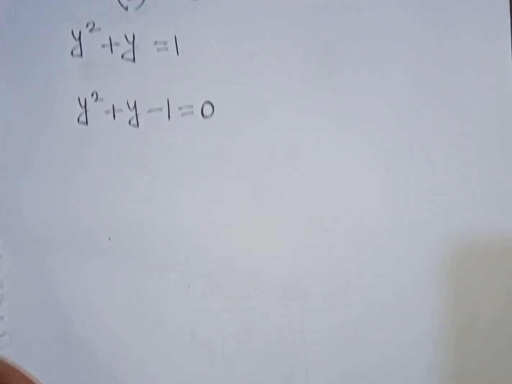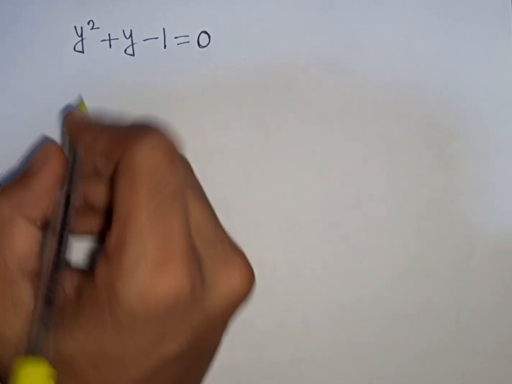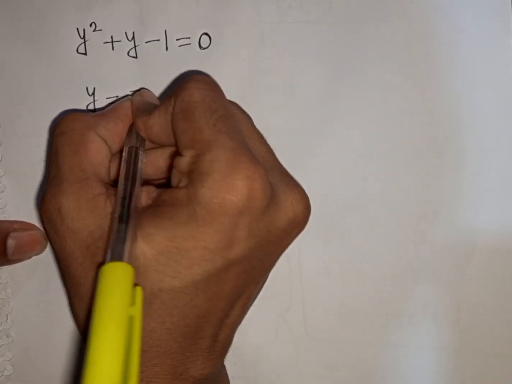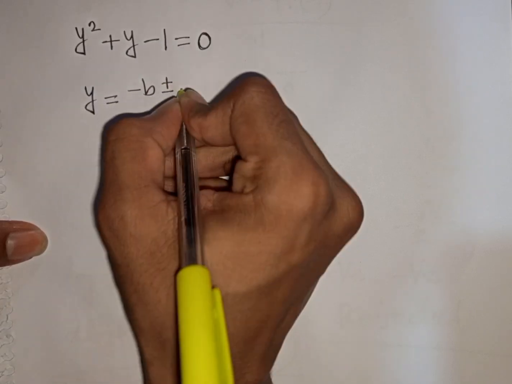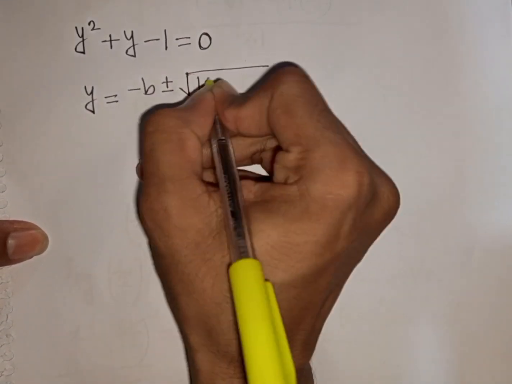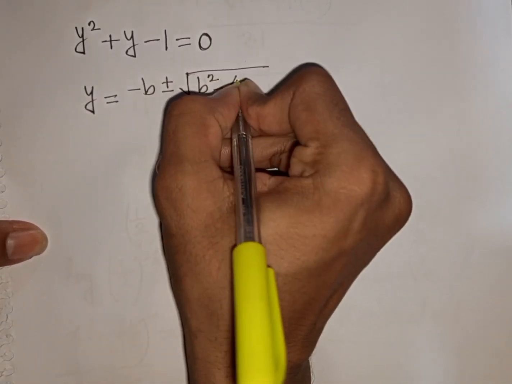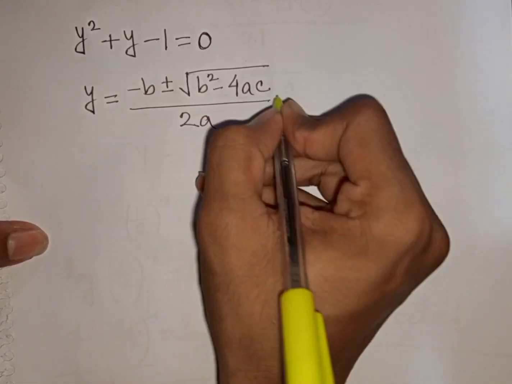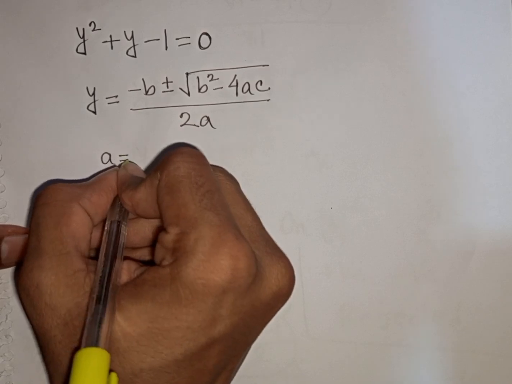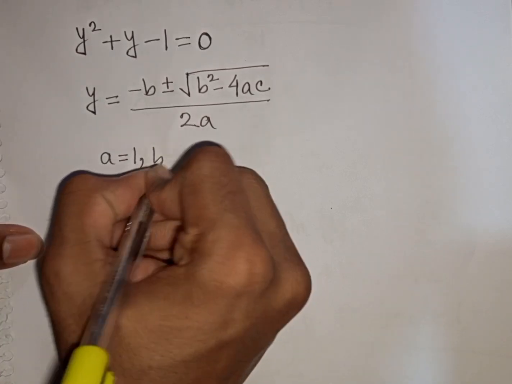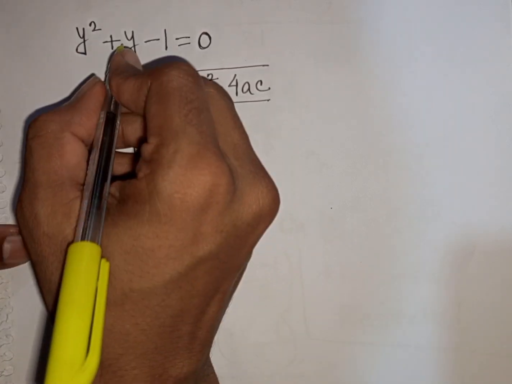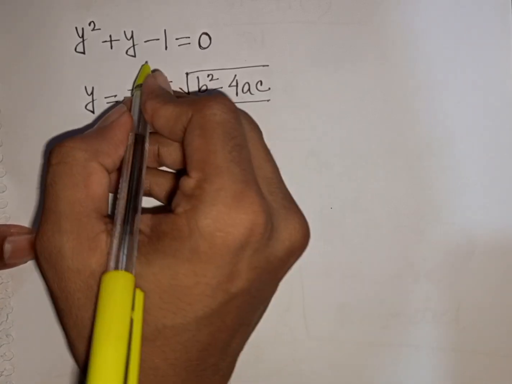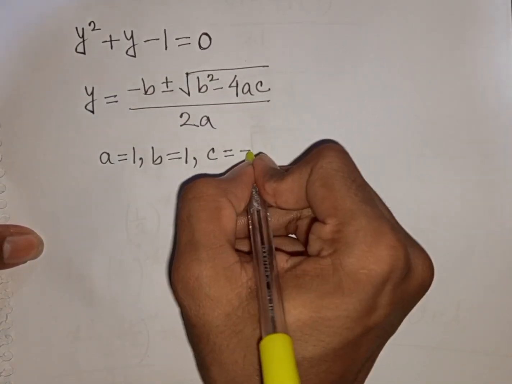Now here you can apply the quadratic formula, so you can write y is equal to minus b plus or minus square root of b square minus 4ac divided by 2a. Here a is 1, b is 1, after that c is negative 1.